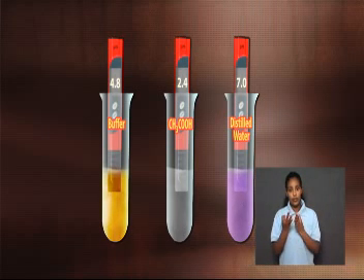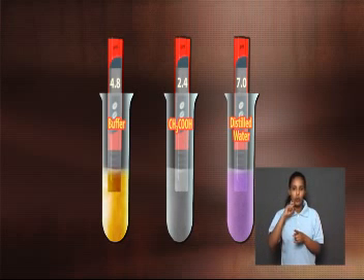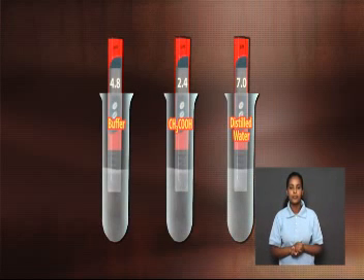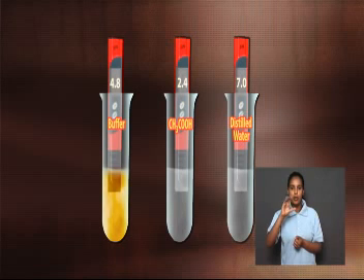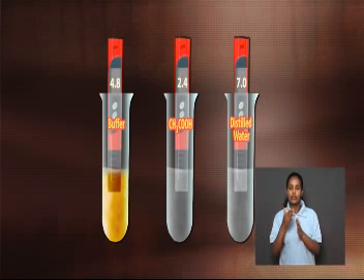If universal indicator is not available, 2 drops of methyl orange indicator can be used. A digital pH meter would also work. The buffer changes to a yellowish orange color, which indicates that it is an acidic solution. Its pH remains at about 4.8.